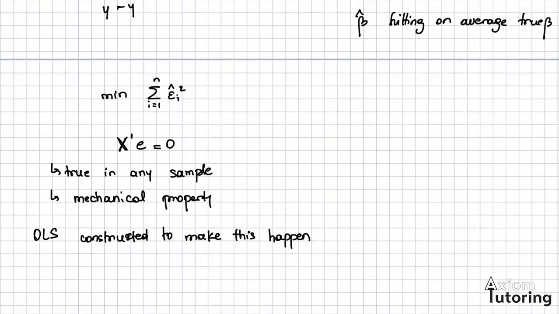If you remember, the first condition was what we call the mechanical property, and the OLS was constructed to make this happen. For the second condition, OLS is not guaranteed.